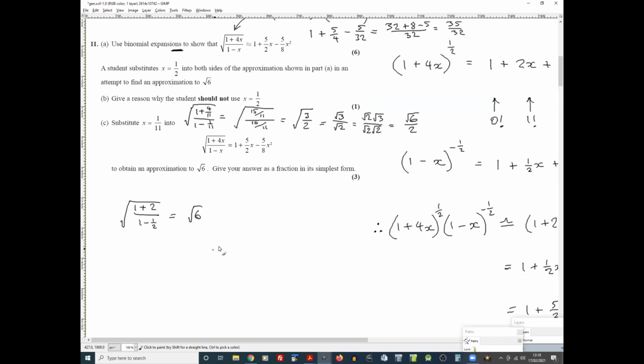Right, yeah. Kind of. If we do all of that, we will get a close relation. Do all of that with what value of x? With 1/11th, and then times it by 2.